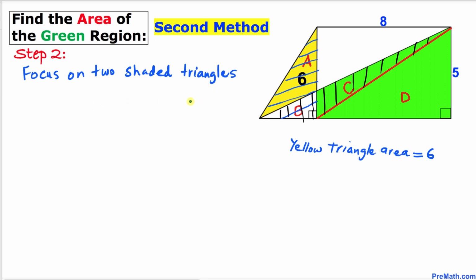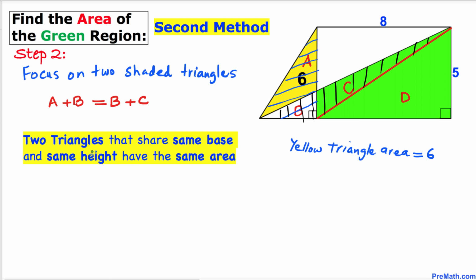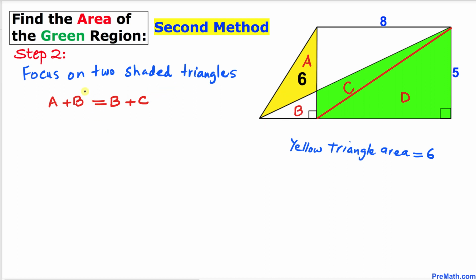And now in this next step, let's focus on these two shaded triangles. And here we are going to use the fact that two triangles that share the same base and same height have the same area. Since these two triangles share this same base and this same height, therefore I just wrote down A plus B equals B plus C. And now in this equation, we can see that B cancels out from both sides.